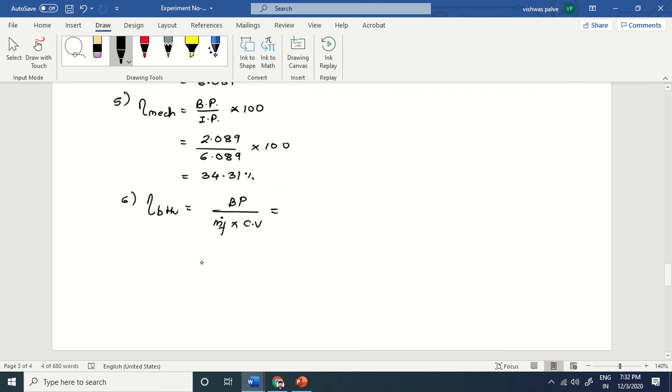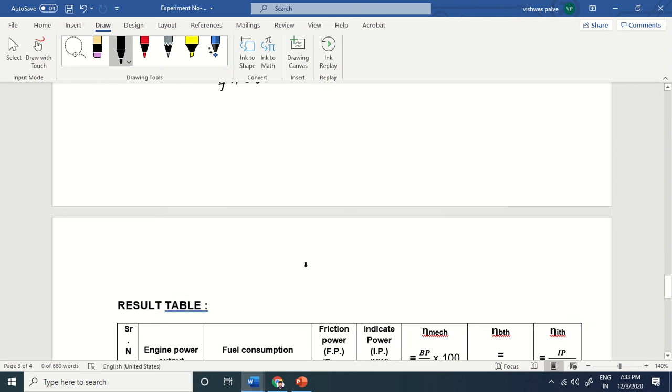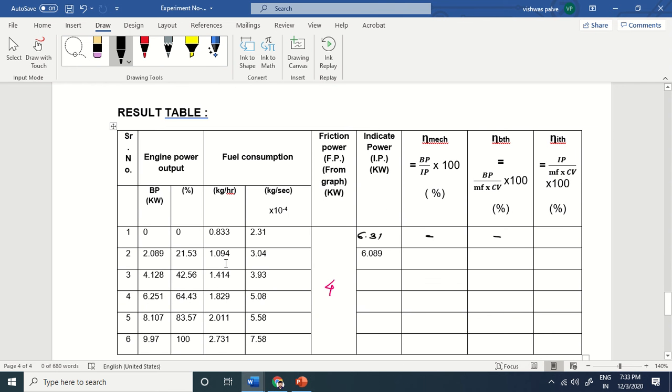So for calculating the brake thermal efficiency, the brake power divided by 2.31 into 10 raised to minus 4 multiplied by 4200. Take the actual value, whatever 2.31 it is, that we have taken for the first reading. So you can calculate the brake thermal efficiency for the first reading and note it down.